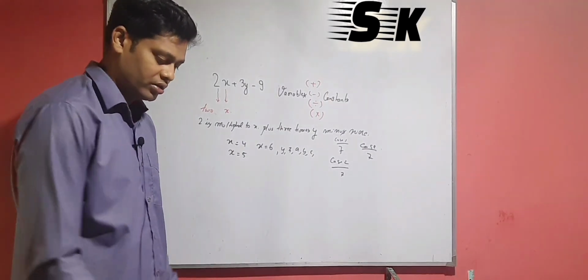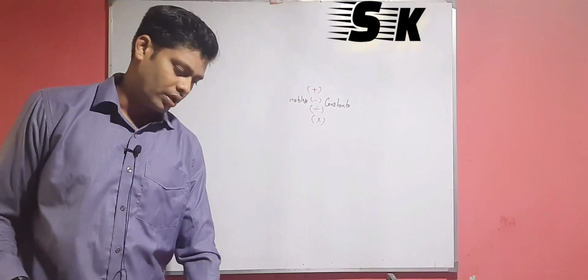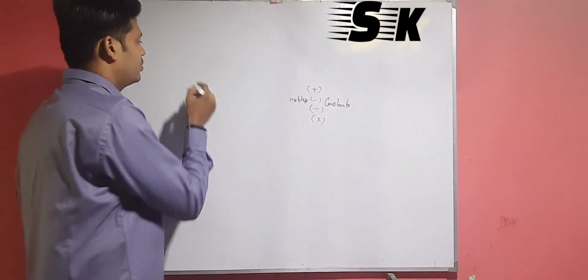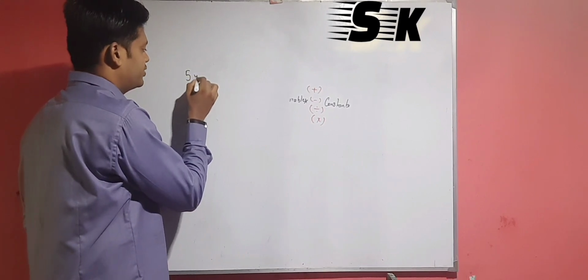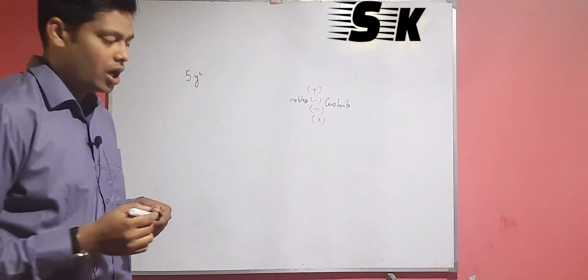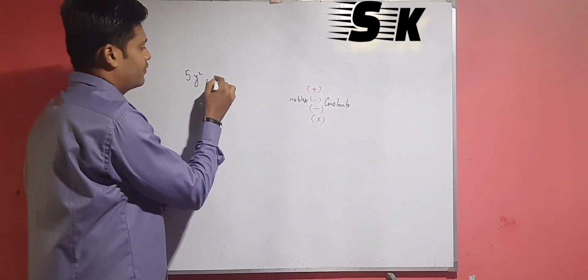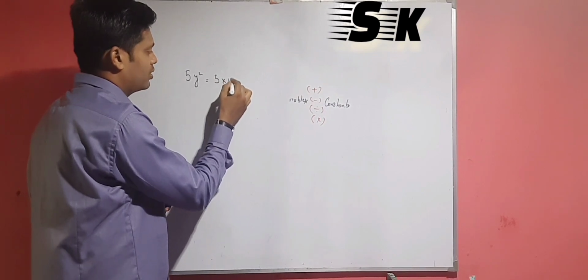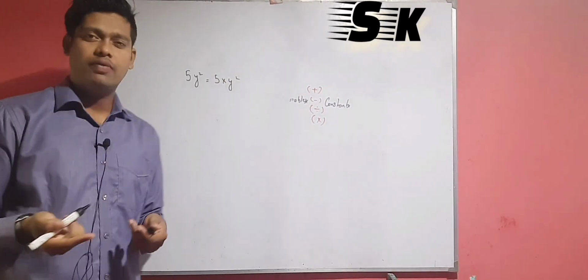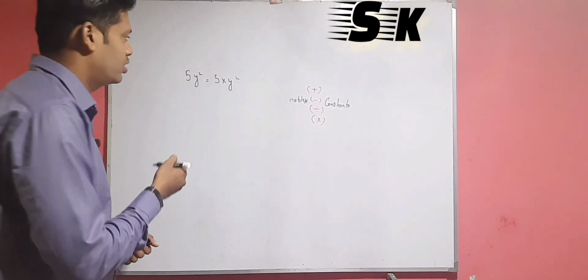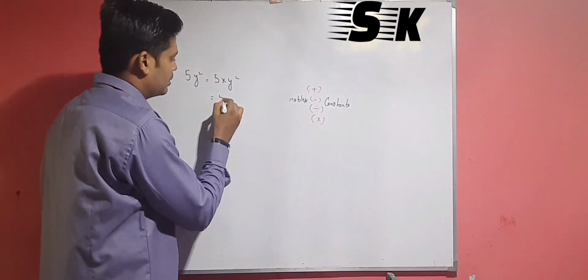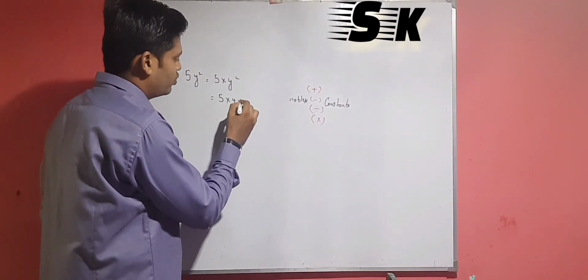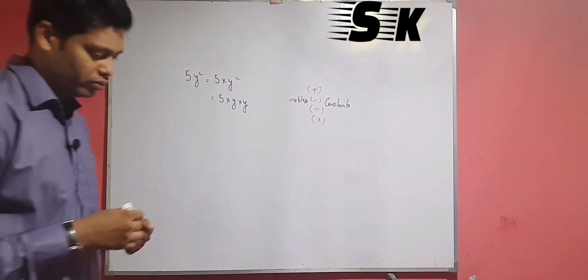Okay, the next one. For example, they have given me 5y square. Now how can I write this one? I can write 5 multiply y square, because the relationship between 5 and y square is a multiplication. Further I can expand it to 5 into y into y.